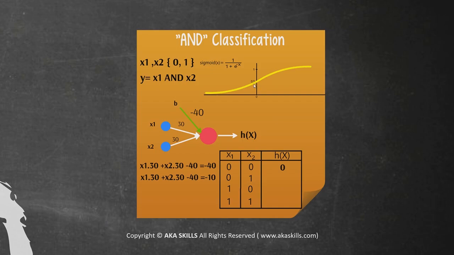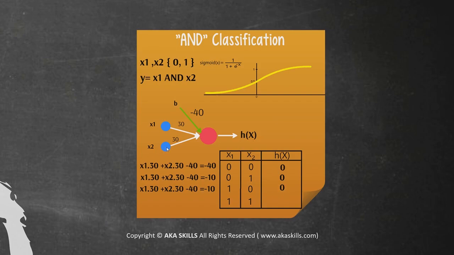Actually, it's less than 0.5 if we give it to the sigmoid function. So that means our function is going to predict 0. And then x1 equals 1, x2 equals 0. We are left also with minus 10. The prediction is the same, 0.